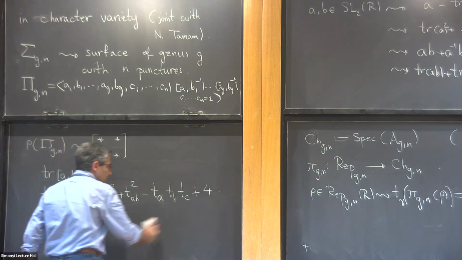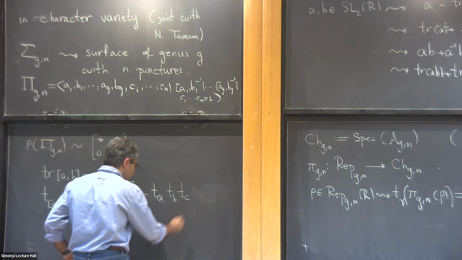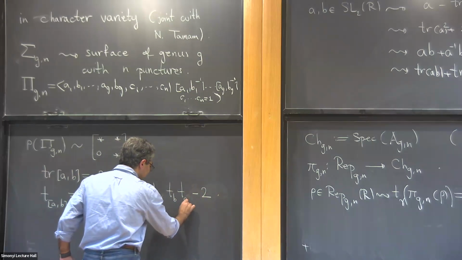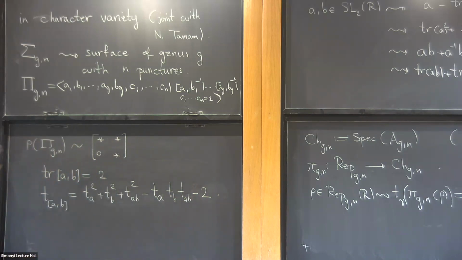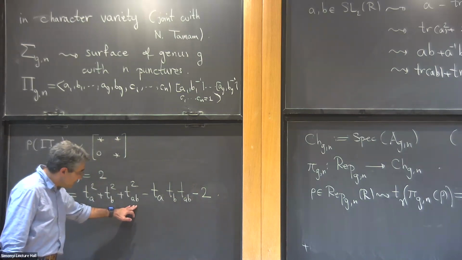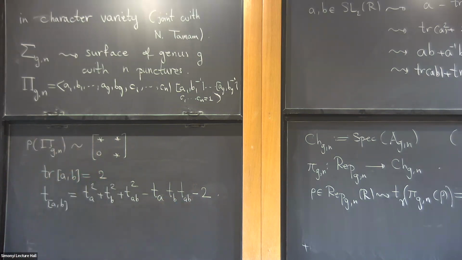Sorry, plus 2. Let me see, I want to say minus 2. What is the trace of AB, sorry. Thank you. So the trace of the commutator is trace of A squared plus trace of B squared plus trace of AB squared minus the product of the traces minus 2. If you play with the relations, you end up getting this computation.